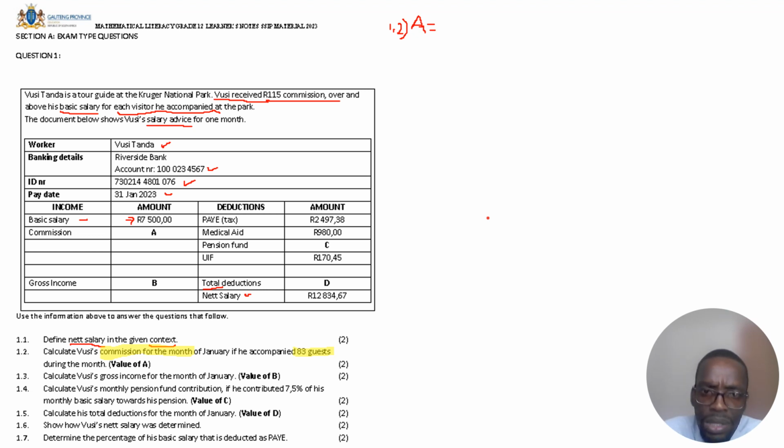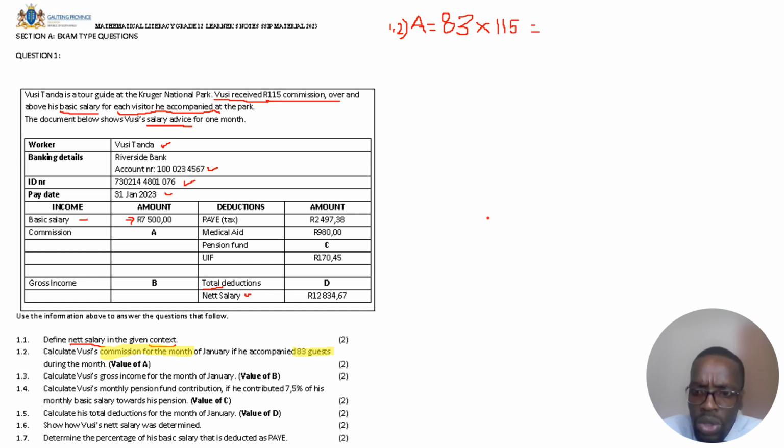So it's going to be 83 guests that he is accompanying, multiplied by 115, because for each one of those guests he is going to be receiving 115 rands.